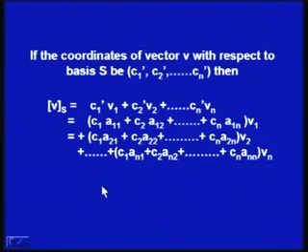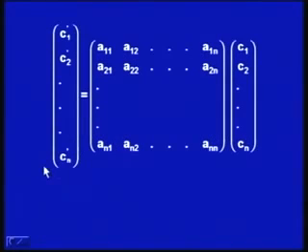This we have written earlier, and this means in the vector form we write the coordinates C1 dash, C2 dash, Cn dash as the matrix multiplied by the column vector C1, C2, Cn, which is the coordinate of the vector V in T. So in the matrix form this equation is Vs is equal to a matrix Pst times Vt.